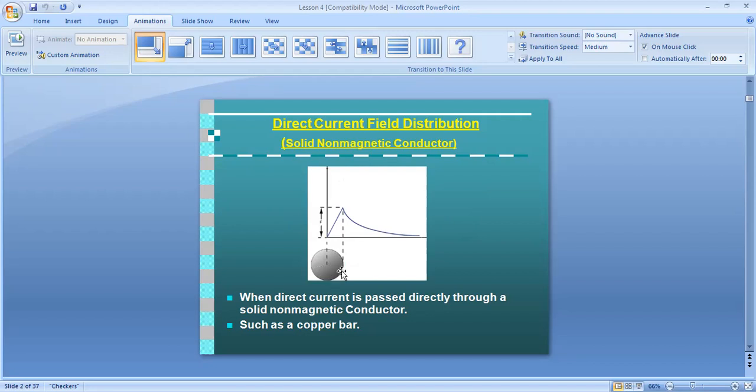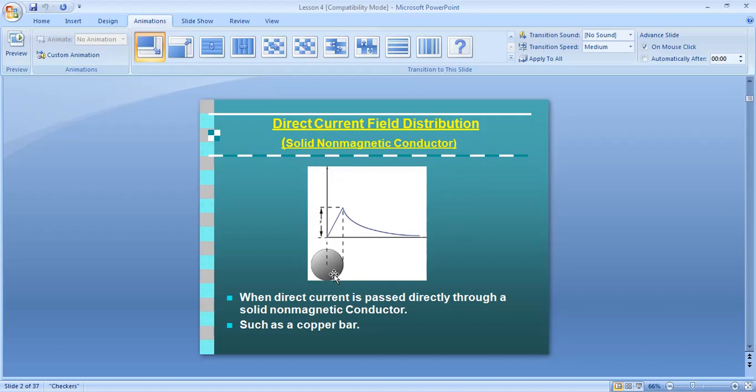If you apply current to a conductor, what will happen within the conductor and outside the conductor with respect to the magnetic field? We are going to see that here. Suppose this current is direct current and the conductor is solid and non-magnetic.